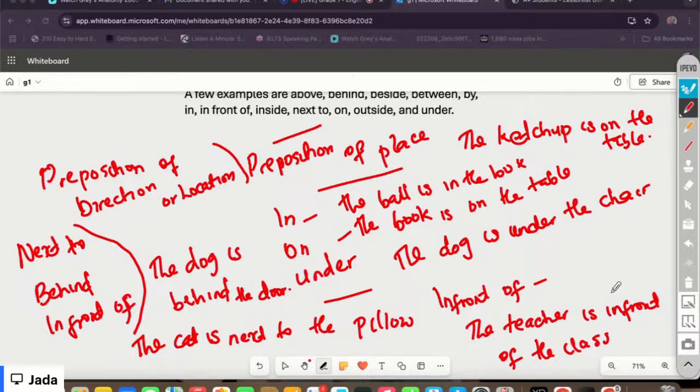So this is preposition of direction. So we have next to, behind, in front of, for example. So the dog is behind the door, the cat is next to the pillow, and we have the teacher is in front of the class.